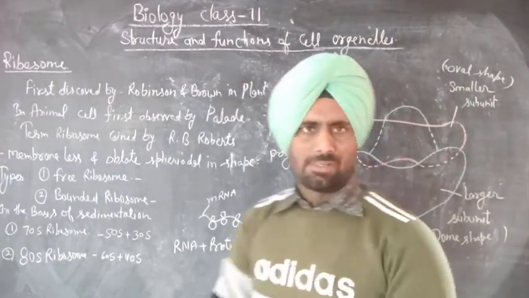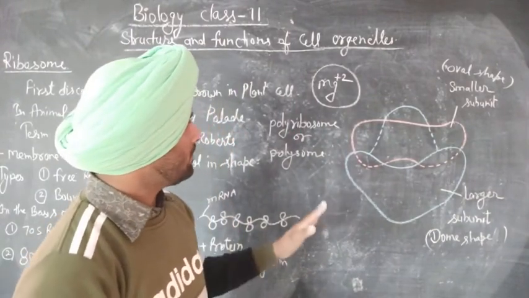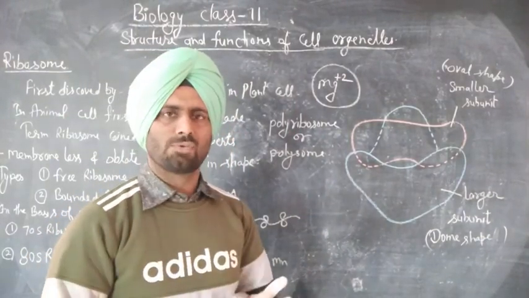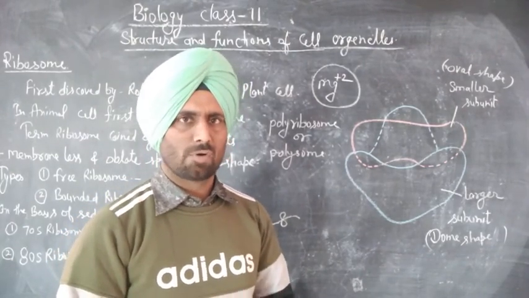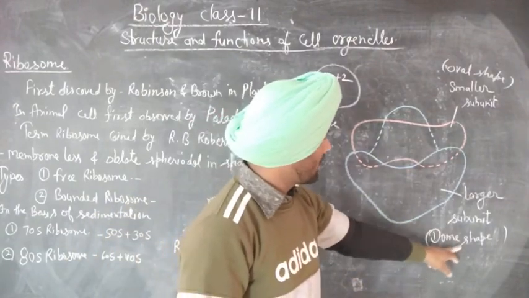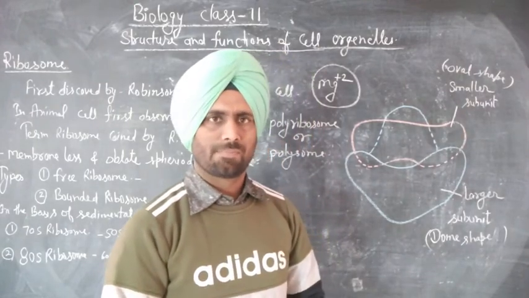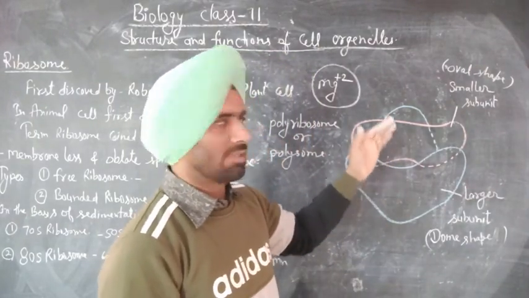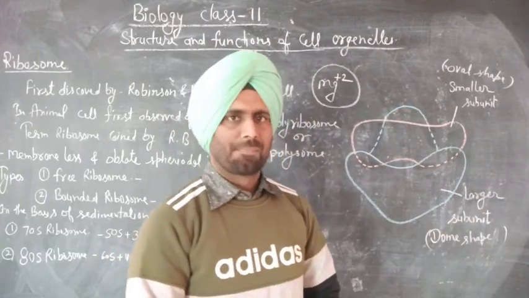Now we are talking about the structure of ribosomes. Ribosome is made up of two subunits. First is the larger subunit and second the smaller subunit. The larger subunit is dome shaped and the smaller subunit is oval shaped.